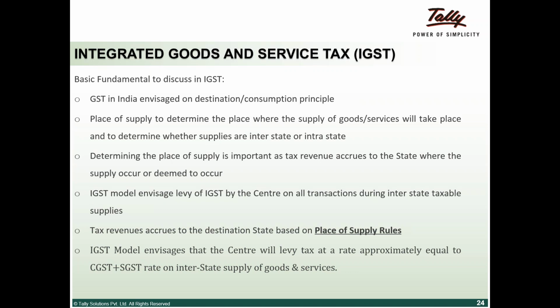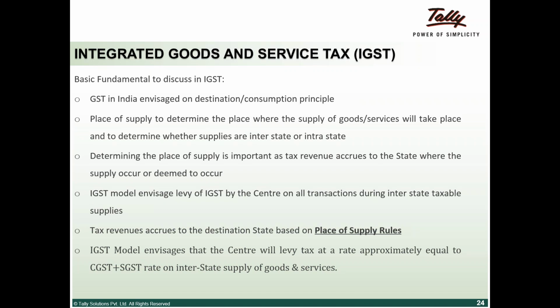So at the back end, when we say that this material is supplied to Chennai, a part of that tax, we don't know what part, but for the sake of making it simple, let's assume that 50% goes to the consuming state.